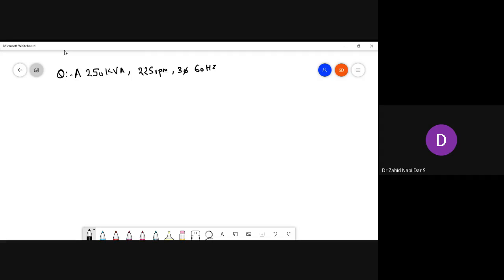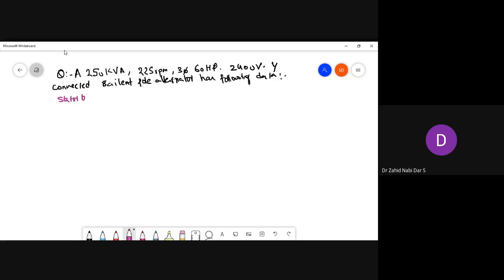No, this is not 60 hertz, this is 60 HP, I think. 2400 volts, delta connected, salient pole alternator has the following data. So the data associated with the alternator, I'll write down.